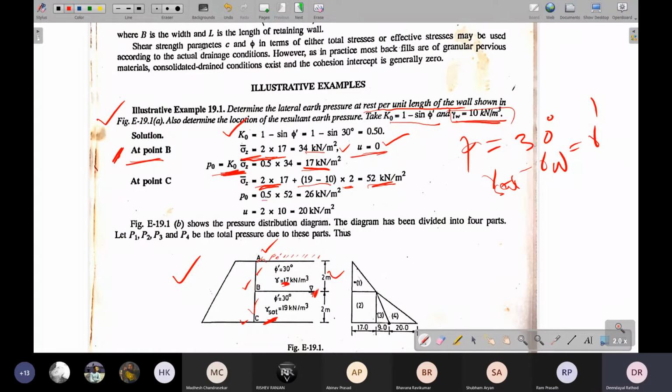Then we have to multiply with K naught. That will give the effective stress or pressure at rest condition, P naught.